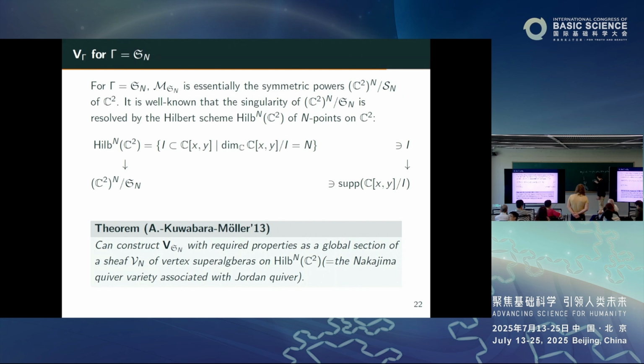But instead, we consider this kind of super quiver variety. You change the framing vector space to a super vector space of dimension 1|1, and you do exactly the same and you get this kind of sheaf. Okay, thank you.